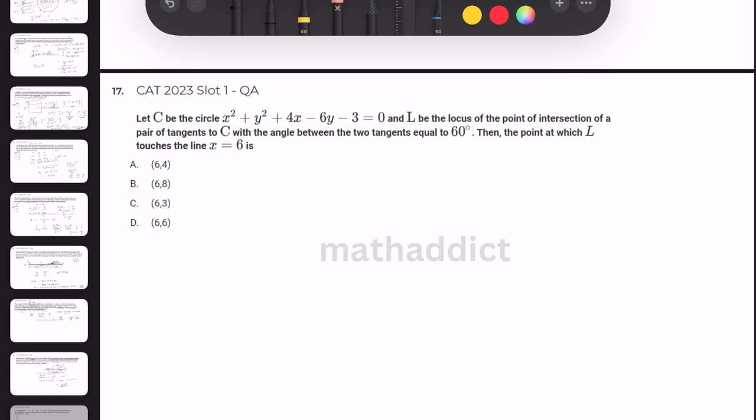So here we are given a circle x square. So this is x plus 2 squared plus y minus 3 squared equals to 16. So this is our circle.